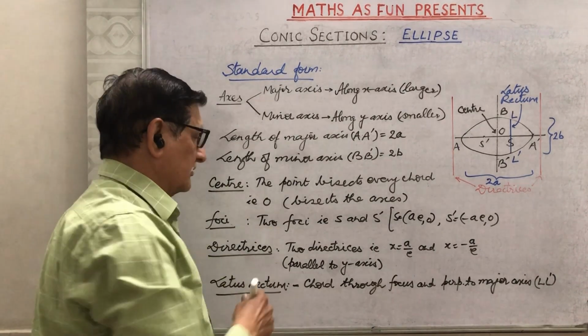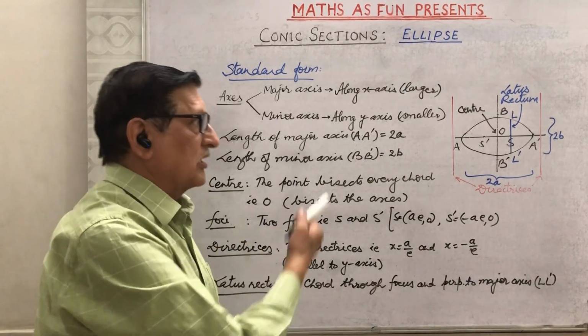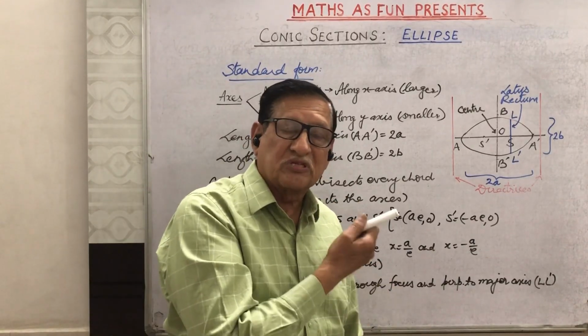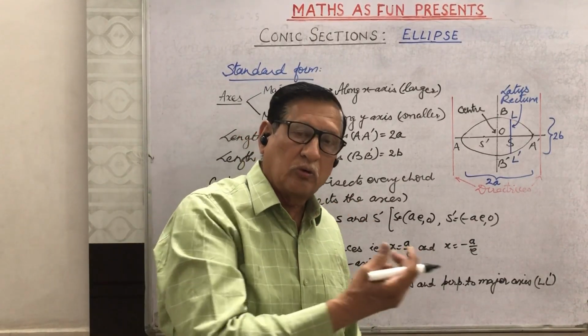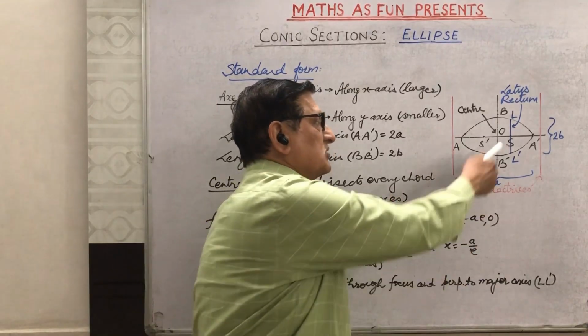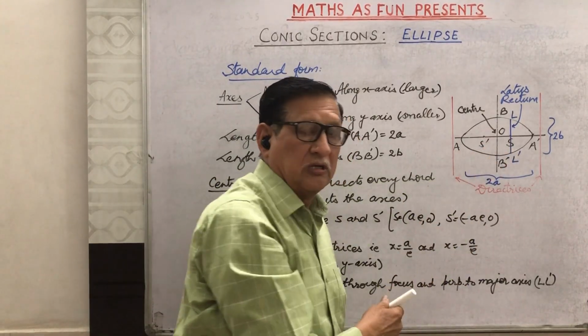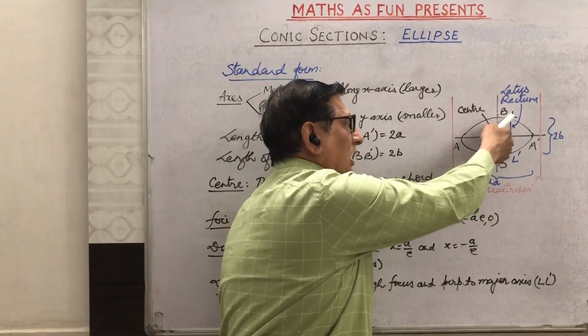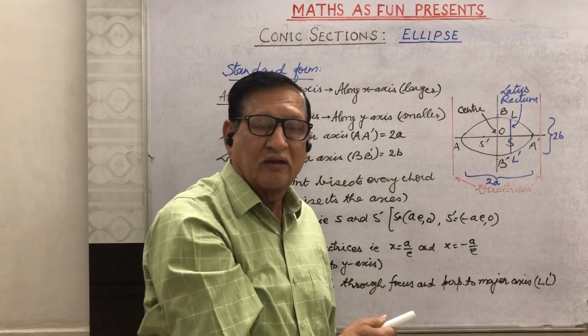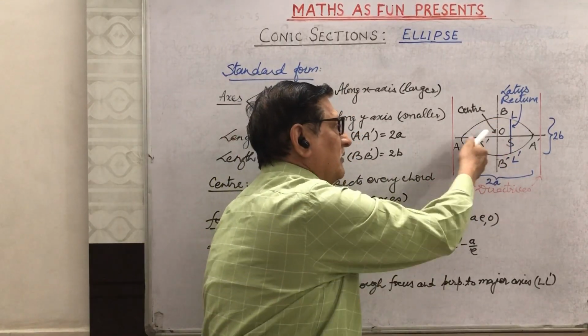Then we have the latus rectum. We know that the latus rectum is the chord which passes through the focus and is perpendicular to the major axis. So here it is perpendicular to the major axis, passing through the focus. So L L dash will be the latus rectum. The same will be on this side also.